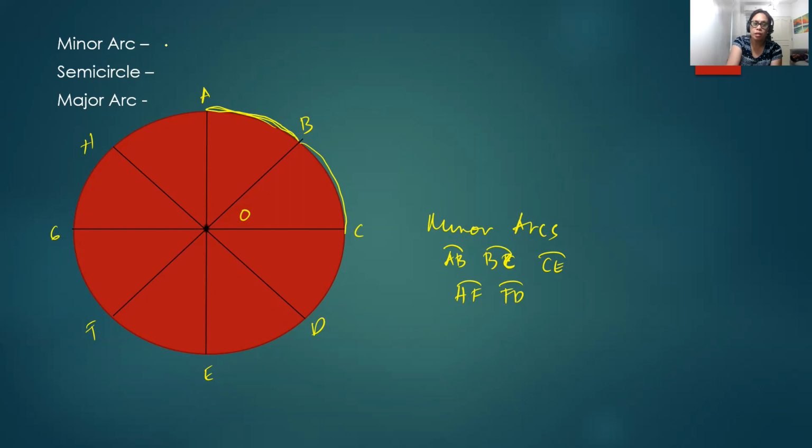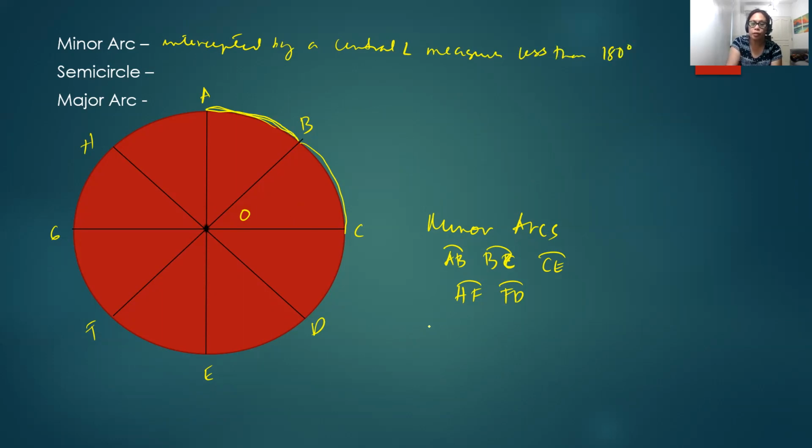So a minor arc is any part of the circumference of the circle intercepted by a central angle that measures less than 180 degrees.